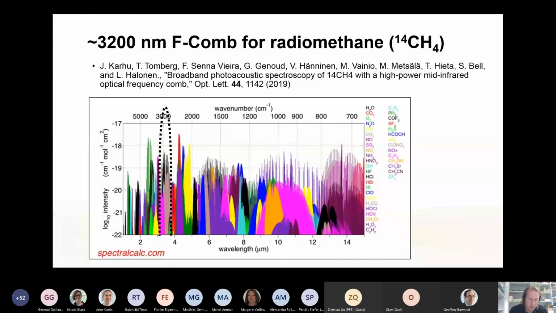So this is a truly remarkable way of doing spectroscopy or gas sensing. A comb can essentially combine the benefits of laser-based techniques with broad spectral coverage, and that is what is needed in many applications to measure more than a few gases at the same time.